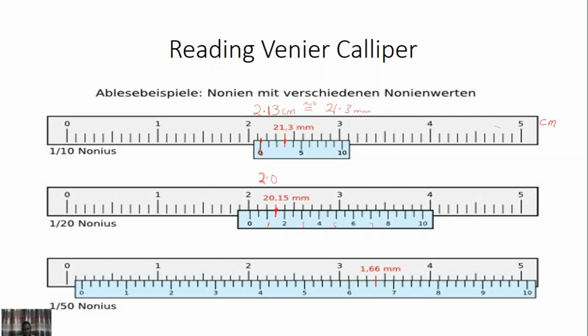So, this is 1.5, which will be 1 5 because you can't put a point here. Centimeter, which is equivalent to 20.15 millimeter, because this is in centimeter. To convert it to millimeter, you multiply by 10, right? Good. So I'll leave the last one for you to read.